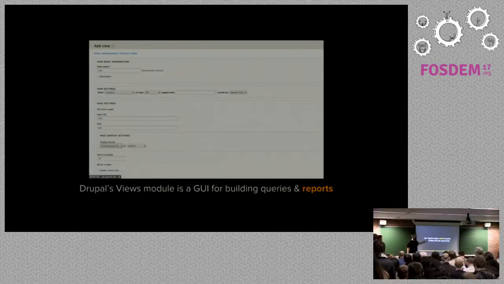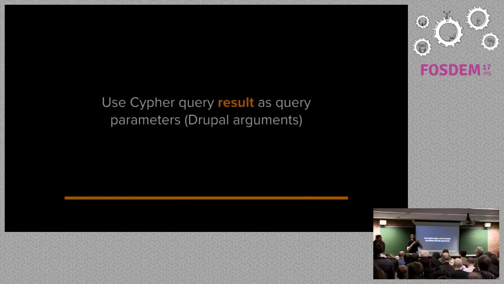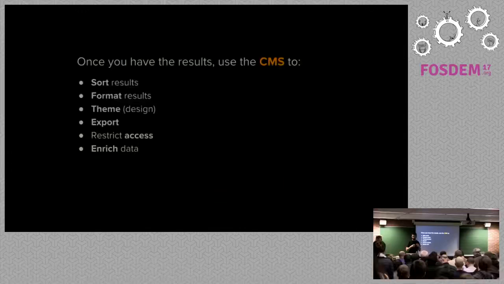So what we imagine is that you could run a Cypher query and pull in the results, get the content IDs using the Cypher query, and then using the CMS to pull all the relational content from your SQL database, get all that information in, then sort it, format it, theme it using the Drupal theming system so that it looks nice. Potentially even export it. There's a bunch of plugins for different export formats, restrict access and rich data.